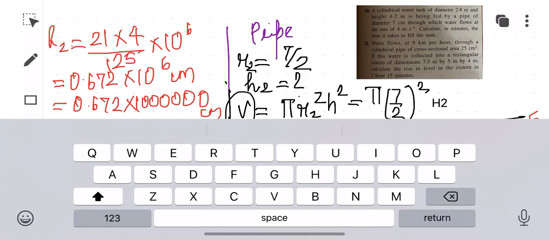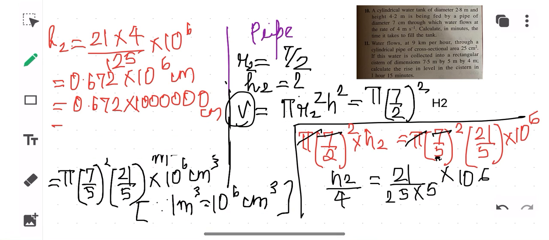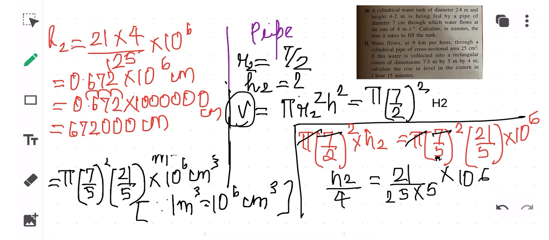If you shift 3 zeros to that side, and again 3 zeros, I'll be having 6720 centimeter. So in terms of meter, it will be equal to 6720 meter.